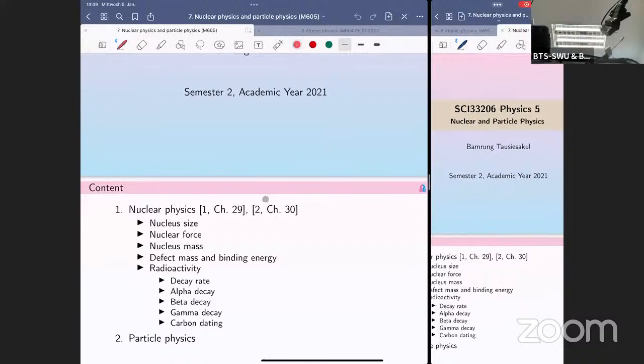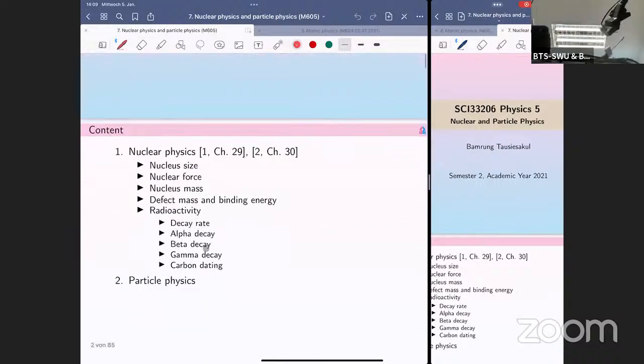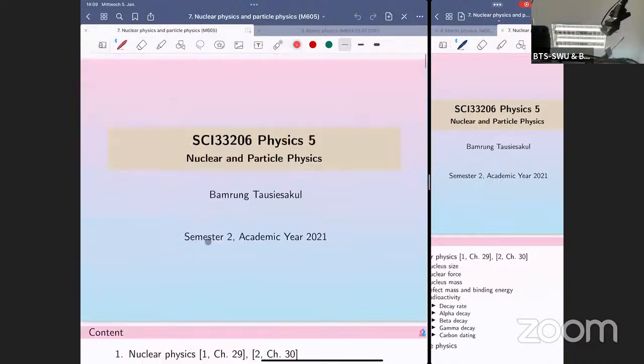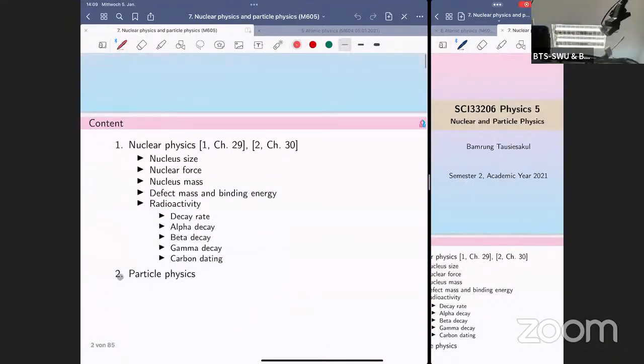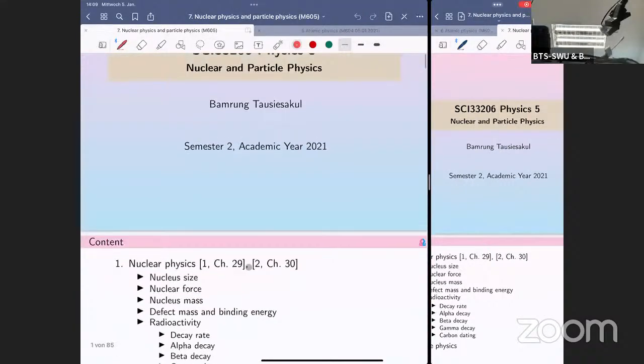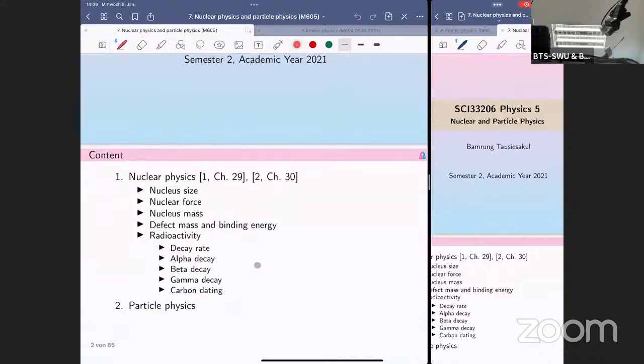Okay, we start with the first topic in this chapter, which is nuclear physics, and the next one is going to be particle physics. We will talk about fermions and bosons. Inside the topic of nuclear physics, we will see many things like nucleus size.